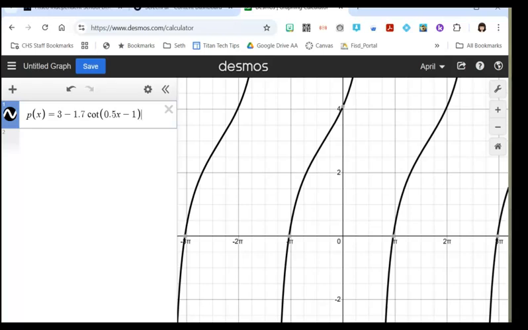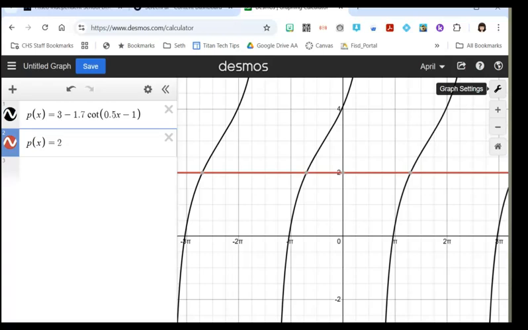And then I'm going to add another equation, P of X equals 2. And so now I can see the wiggle graph of my cotangent.